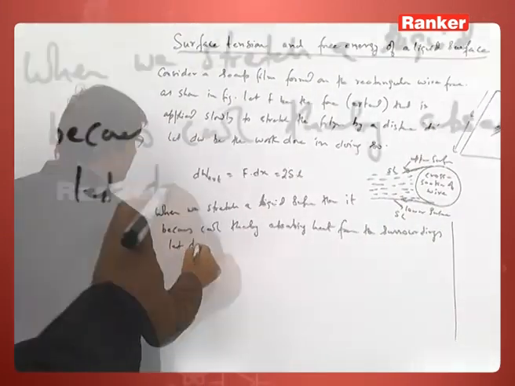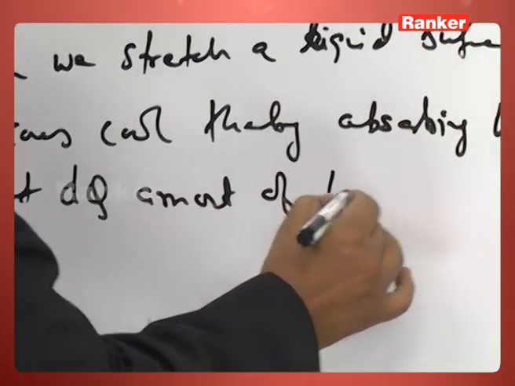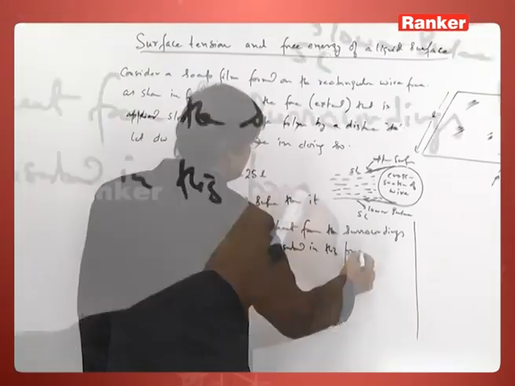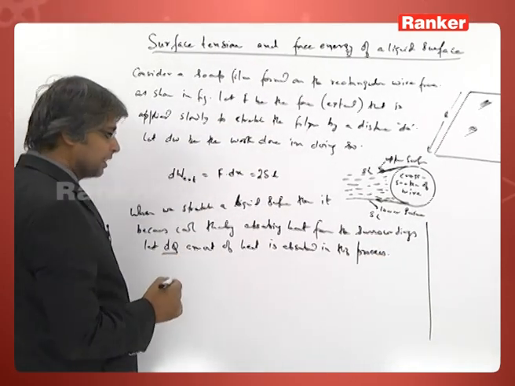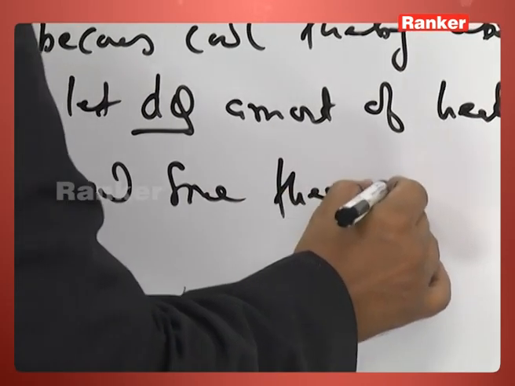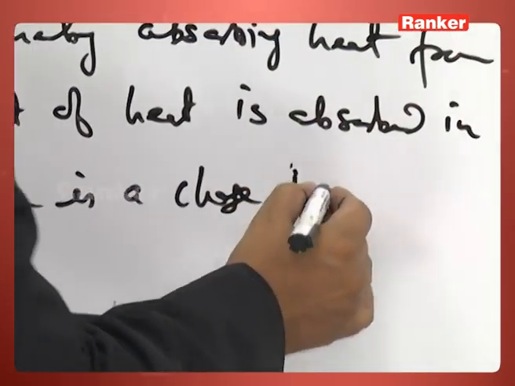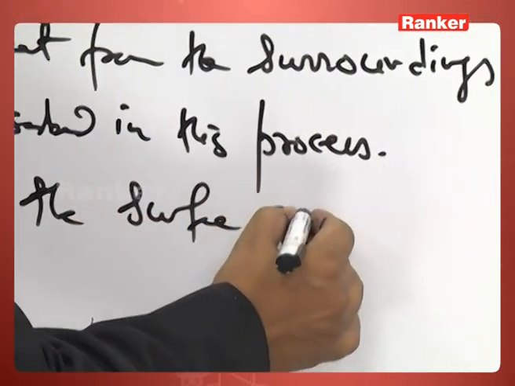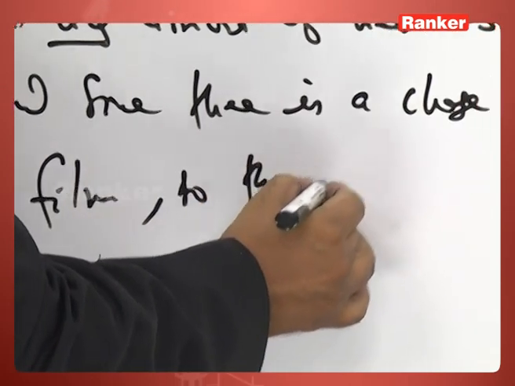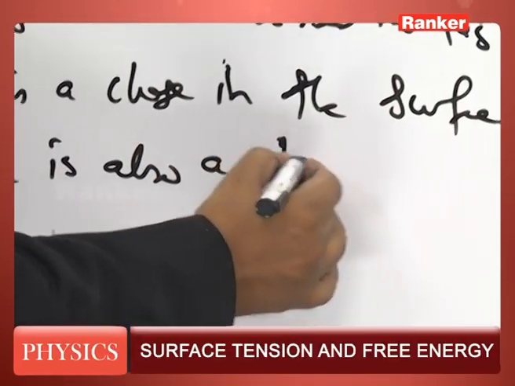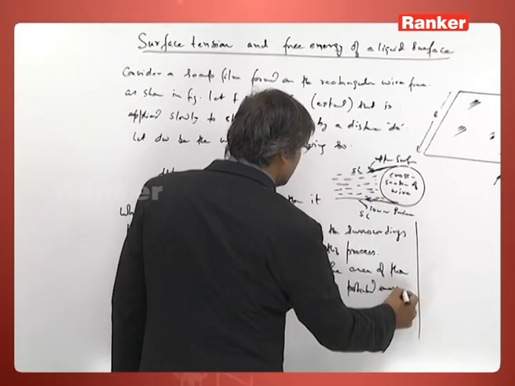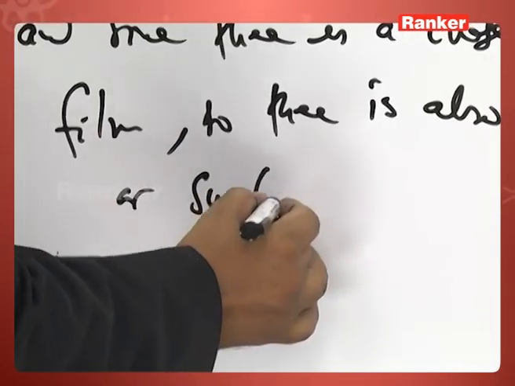Let dq be the amount of heat absorbed in this process, and since there is a change in the surface area of the film, there is also a change in its potential energy or surface energy.